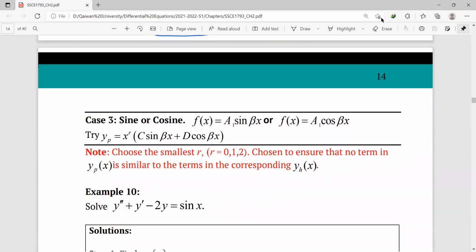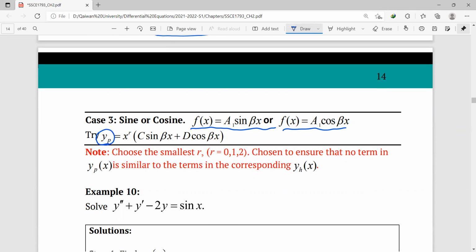We now have the case where f of x is a sine or cosine function. In that case, yp, which is the particular solution, and yh, the homogeneous solution, are the same as before.